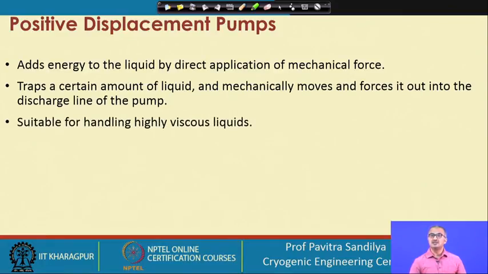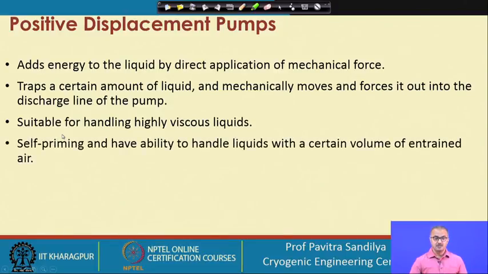The only thing is that they differ in the way this mechanical energy is imparted to the liquid. That's how we get different types of positive displacement pumps, and they are suitable to handle highly viscous liquids, they are self priming, and they have the ability to handle liquids with a certain volume of entrained air.